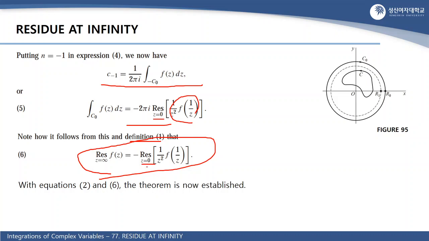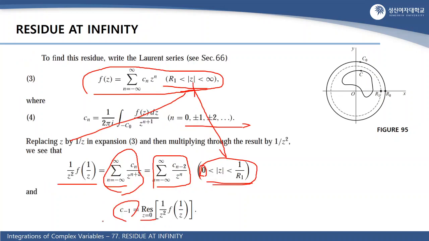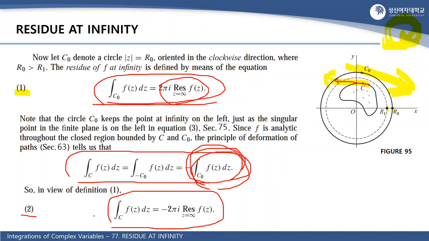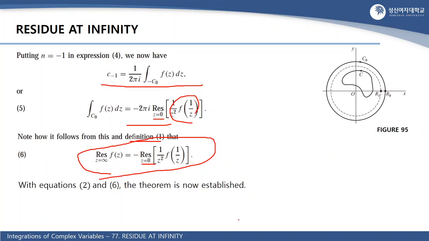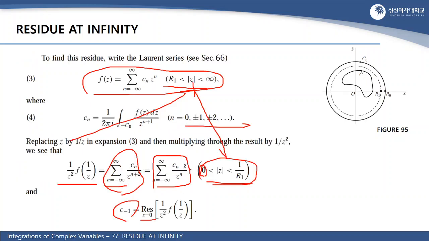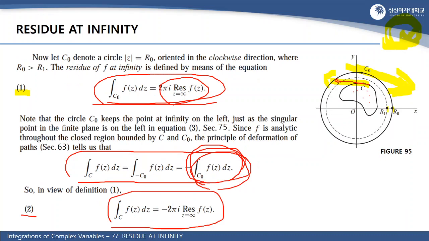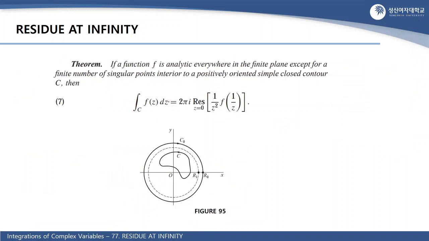So with equations 2 and 6, 2 is here and 6 here, the theorem is completed, because the theorem says that we have this result.